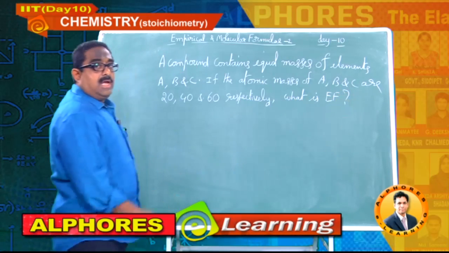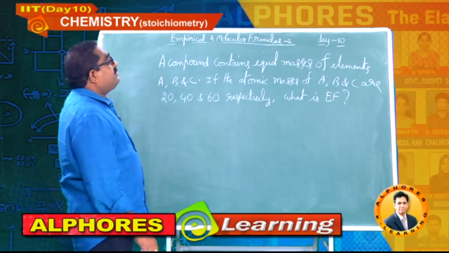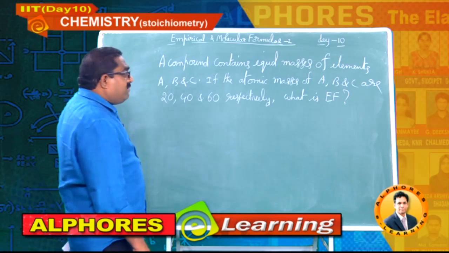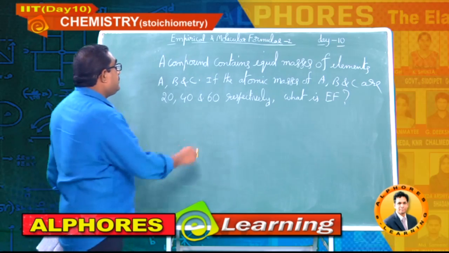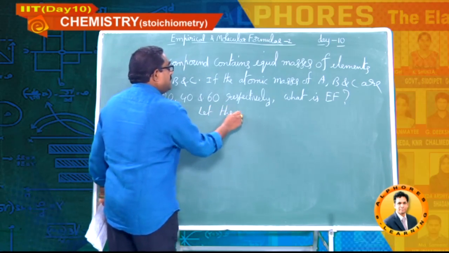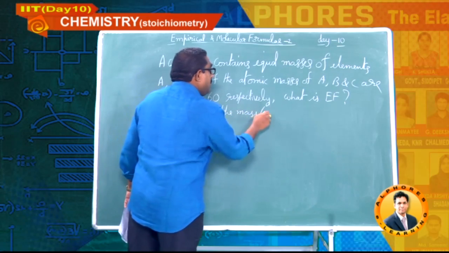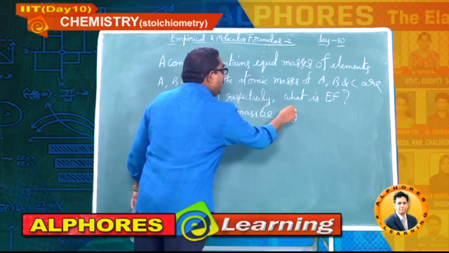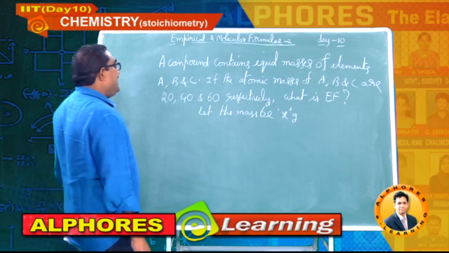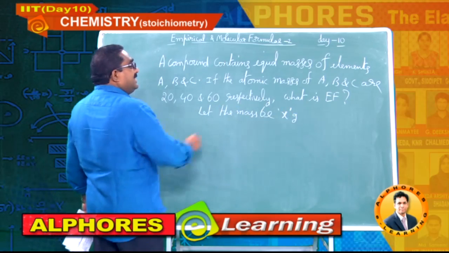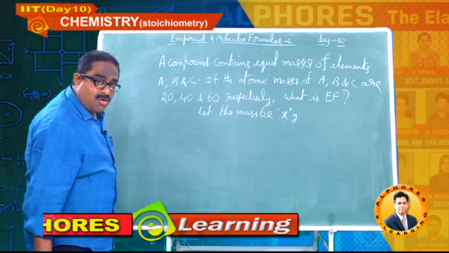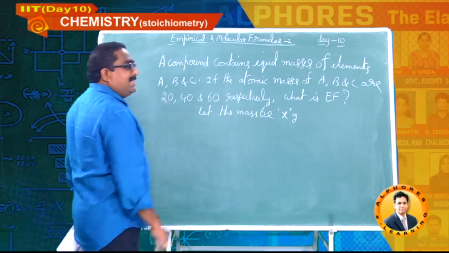What is the empirical formula? Equal masses of the elements are given. I am writing the solution here. Let the mass be x grams for all the three, A, B and C. Now, let us take the atomic ratio of these three elements in that compound.